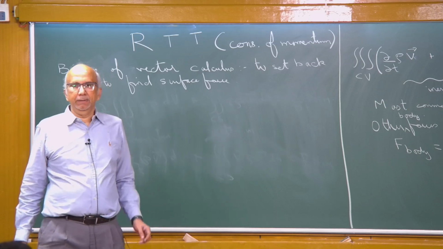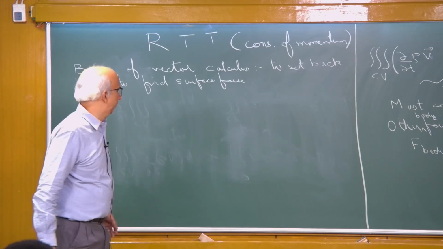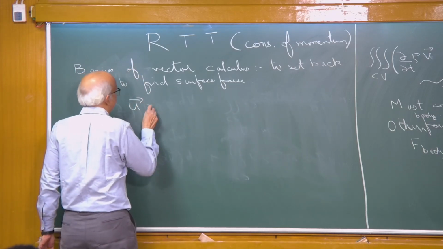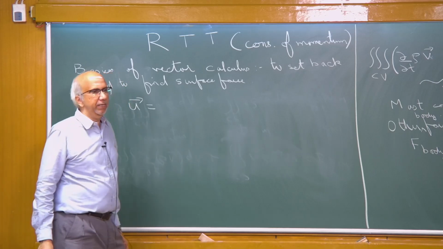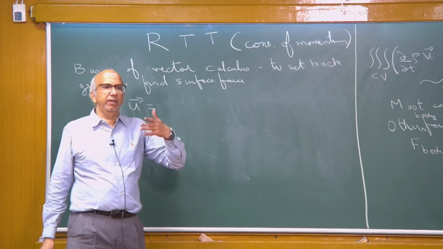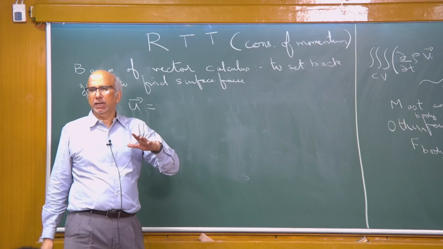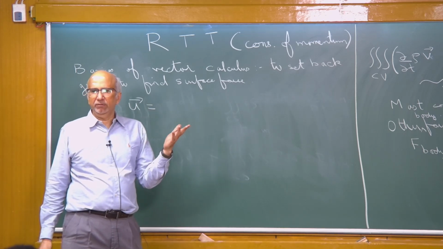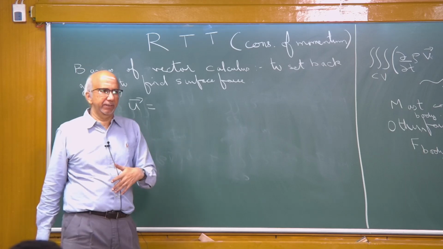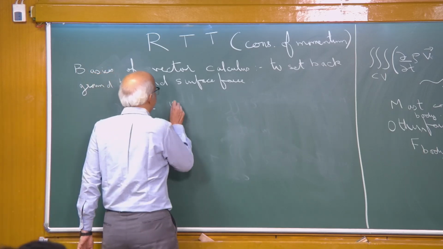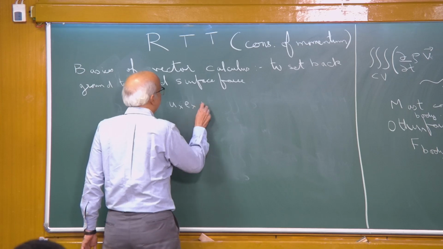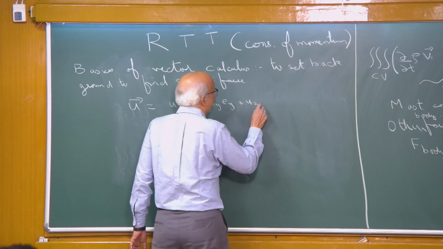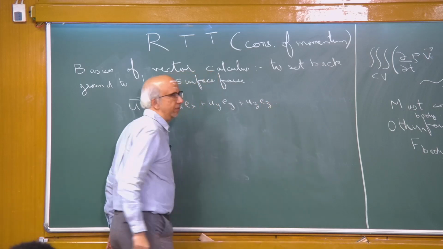Now, typically you are used to a velocity vector u, okay. You would write it as, and right now we are talking mainly Cartesian coordinates x, y, z, okay. So, the velocity vector will have 3 components in x, y and z, right, and you would write this as ux ex plus uy ey plus uz ez, right.